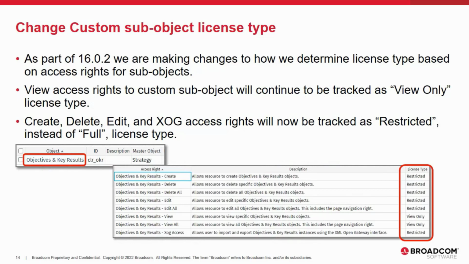However, starting 16.0.2, we are changing that, where the create, delete, edit, and zog access right will now be tracked as restricted license type. The view access right for these will continue to be tracked as view only.